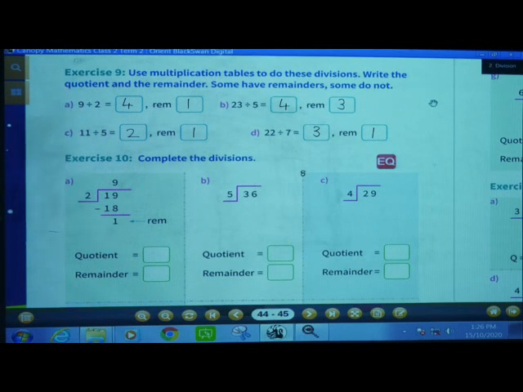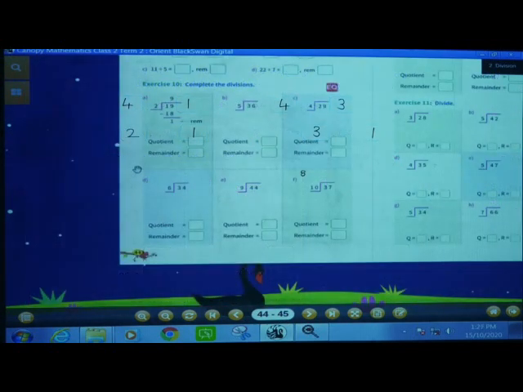Okay. Now, exercise number 10. What is exercise number 10? Complete the divisions. First one, complete the division.